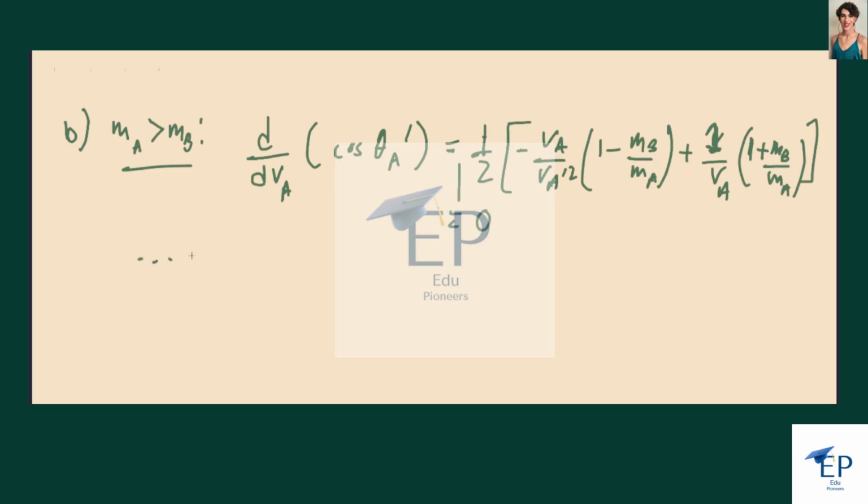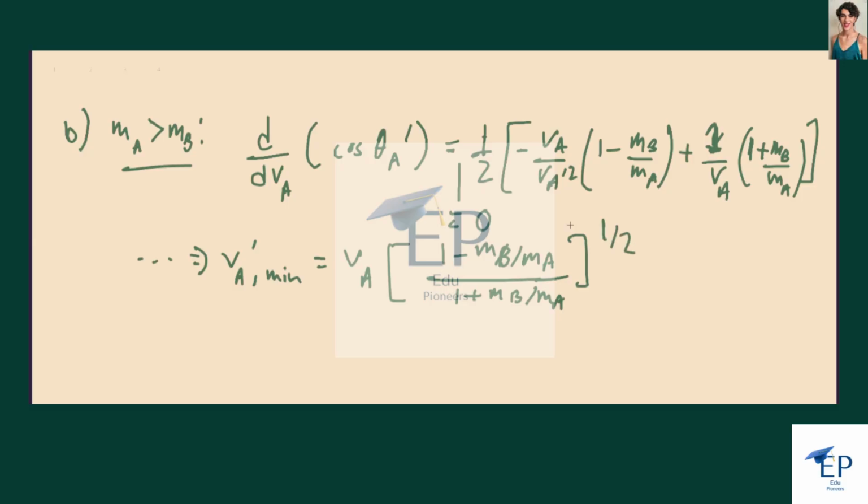And so that would give you VA prime min is equal to VA times (1 minus MB over MA divided by 1 plus MB over MA) to the power of half, or the square root of that.